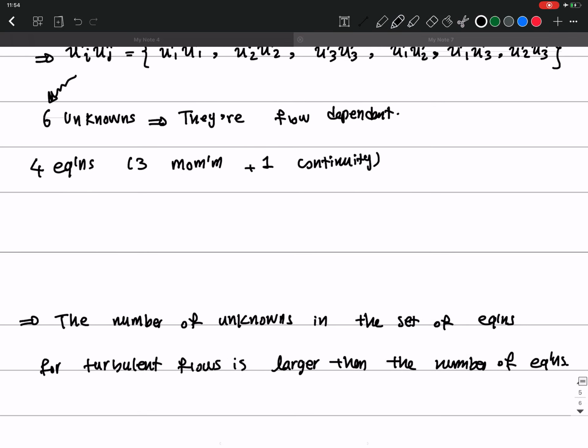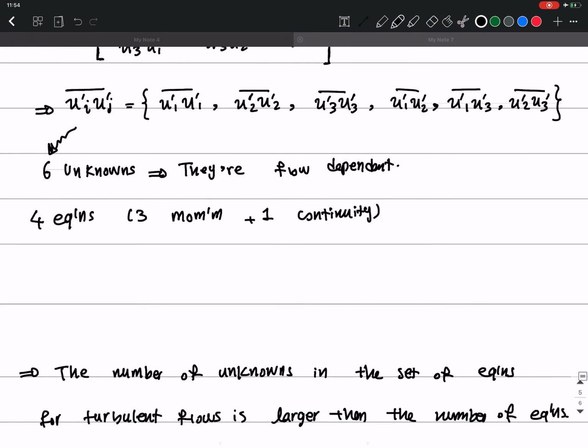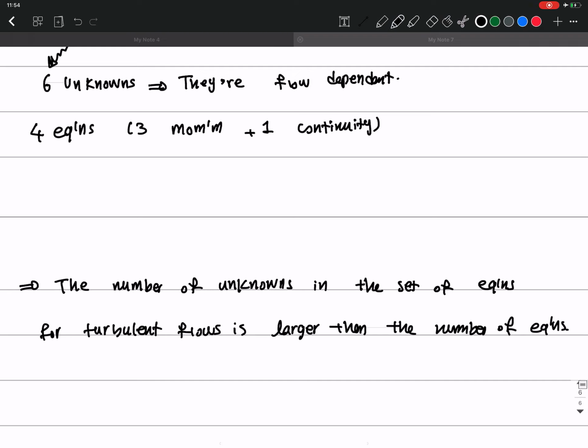We have 6 unknowns, it's more than the number of equations that we have, and this is called the closure problem. We cannot really close these equations with these unknowns and this number of equations.